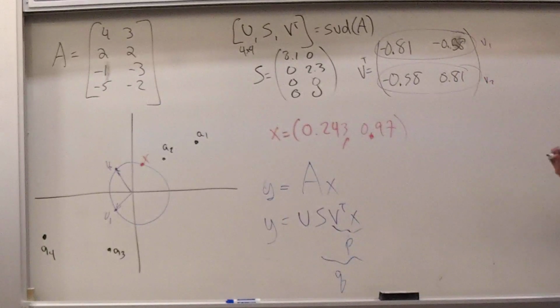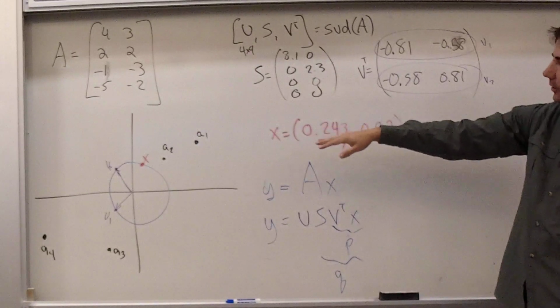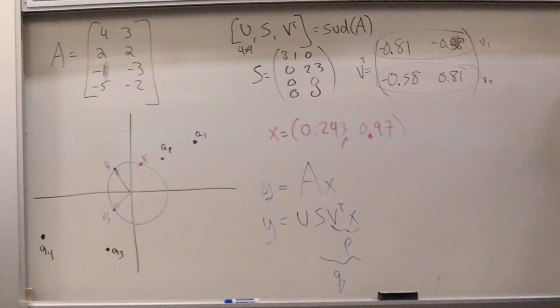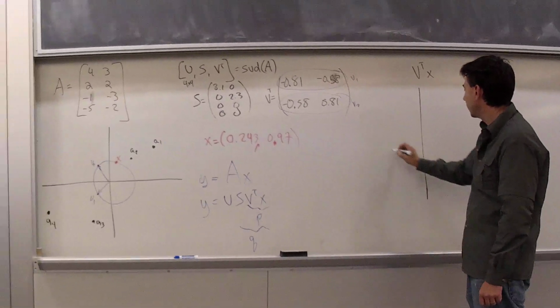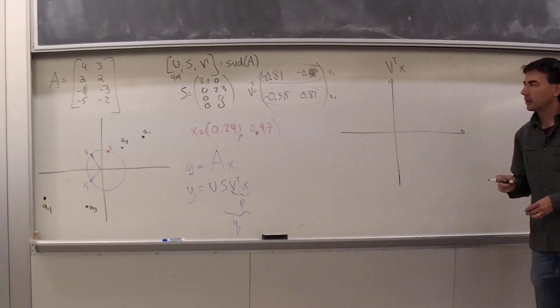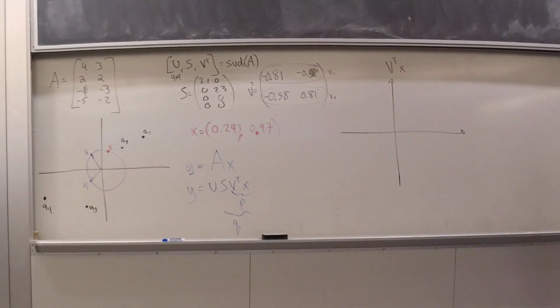So let's do this step by step and see what's happening here. Okay, so the first thing to do is x times V transpose here, right? So I want to look at V transpose times x. I'm not going to do the calculations.